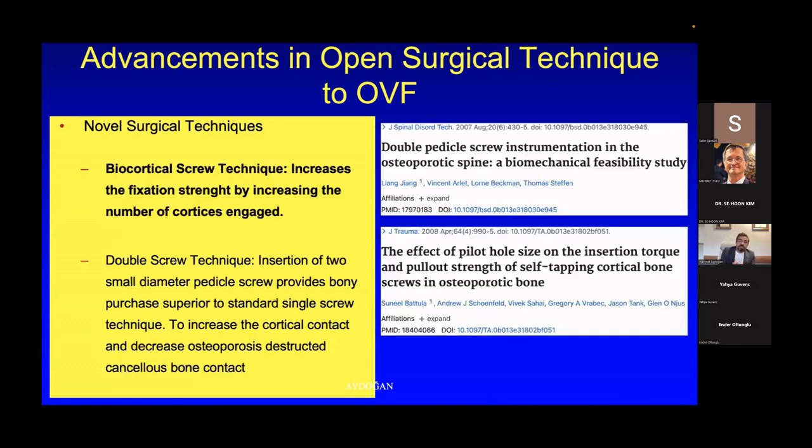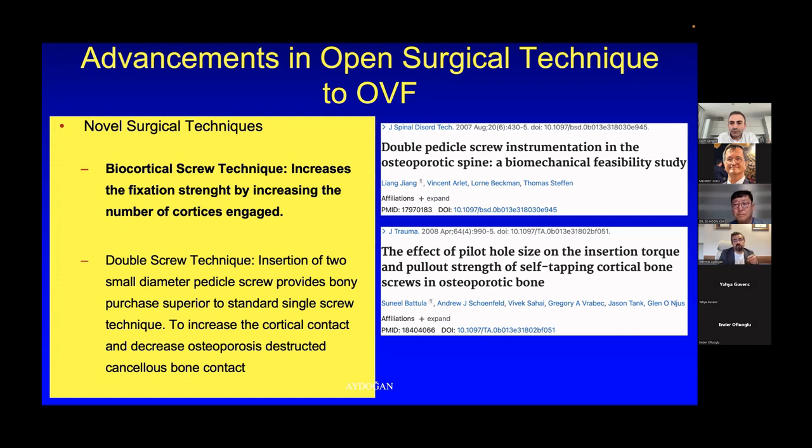So the bicortical screw technique is very useful, and it also increases the pull-out strength, and we pass 2 cortices. That's why it's powerful. And if my patient is osteoporotic, generally I use bicortical screw techniques also. The double screw technique is another technique that was described.